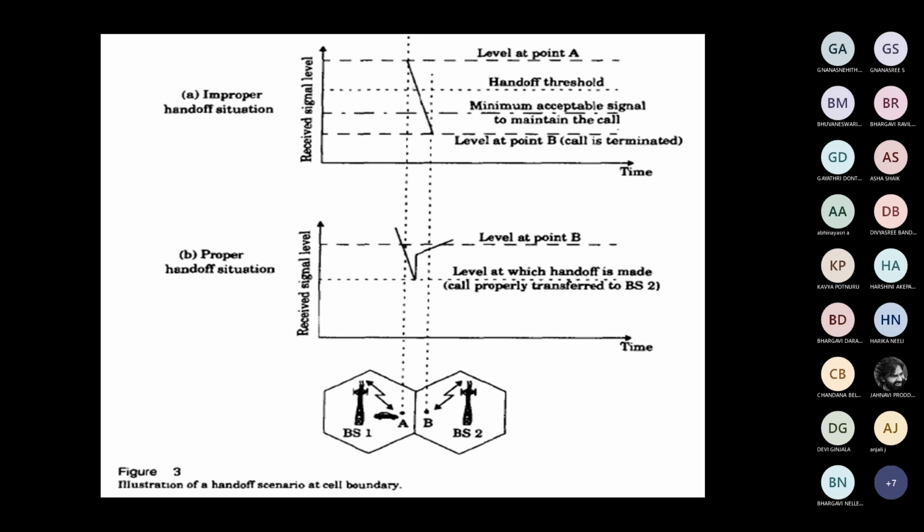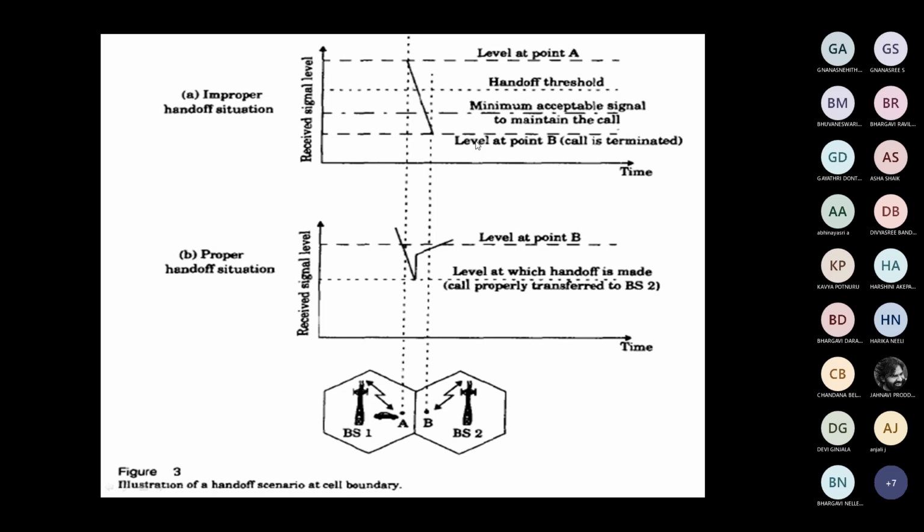Now I am taking two cases here. Case A is the improper handoff situation and case B is the proper handoff situation. First I will go for without handoff. Now the x-axis is time and the y-axis is received signal level. See this one in figure A, the graph characteristics.